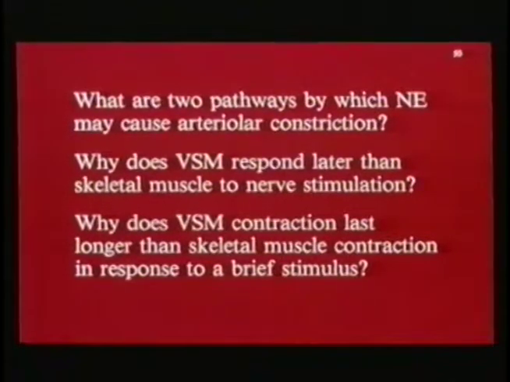What are the two pathways by which norepinephrine may cause arteriolar constriction? Why does vascular smooth muscle respond later than skeletal muscle to nerve stimulation? Why does smooth muscle contraction last longer than skeletal muscle contraction in response to a brief stimulus?